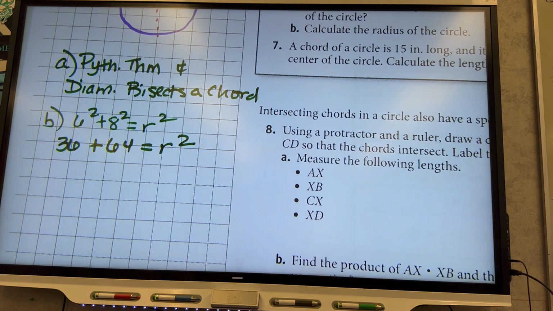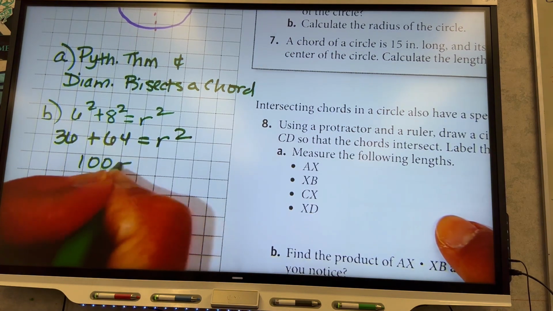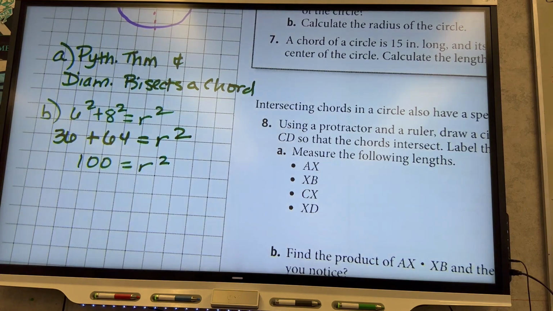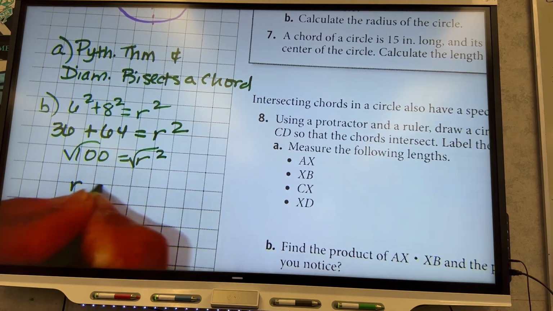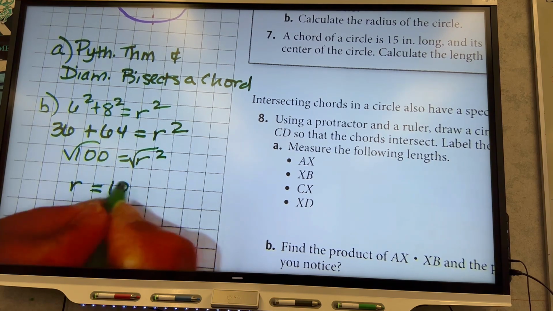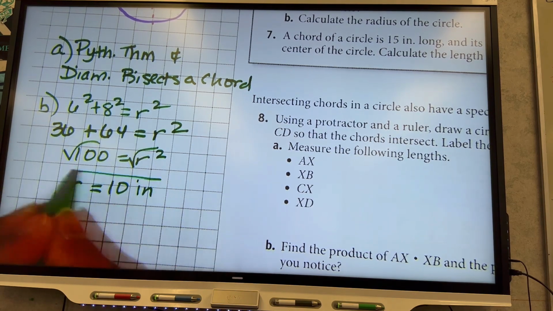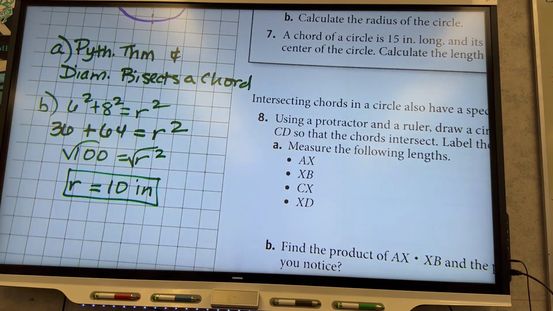Anyone know 36 plus 64? 100. Now what? Square root it. You guys can do these in your sleep. What's the square root of 100? 10. So the radius is 10 inches. It gave us units, so we have to make sure to give it back in the answer. Okay. So that was number 6.